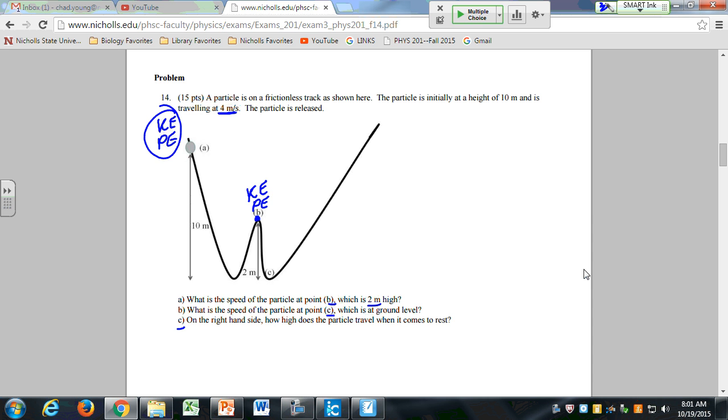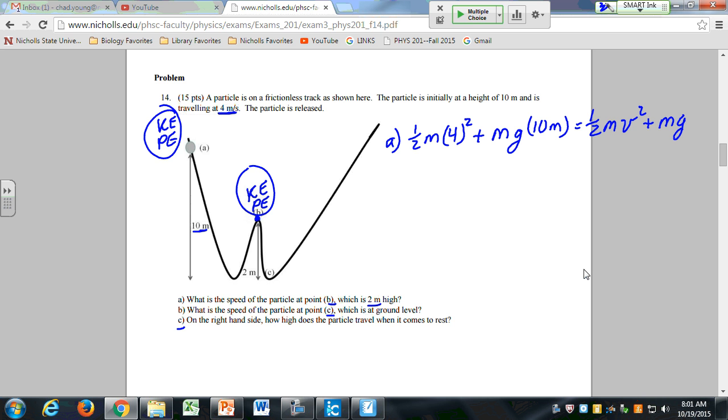I can set both of these equal to one another for part A. I say that 1/2 mv squared, I'll go ahead and put in the speed there, it's 4 meters per second, plus m times g times h, which is 10 meters, that's this value, is equal to 1/2 mv squared plus m times g times this height, which is 2 meters.